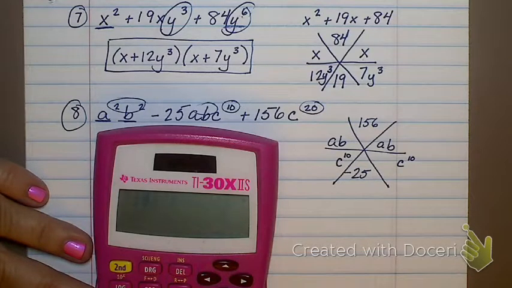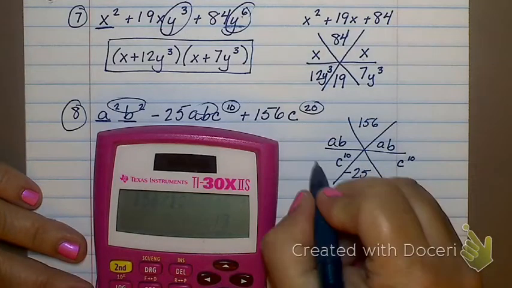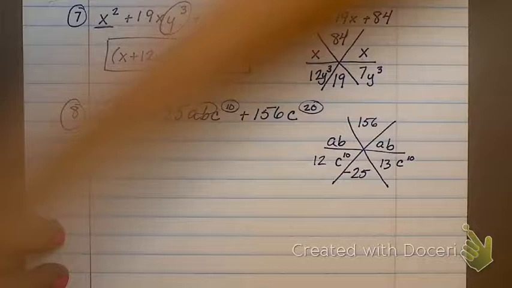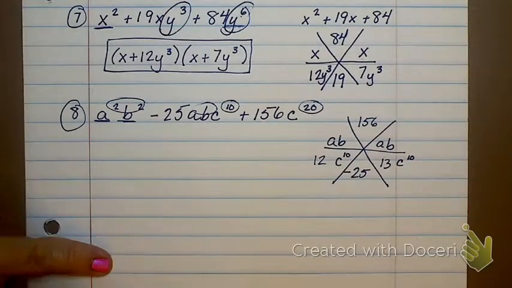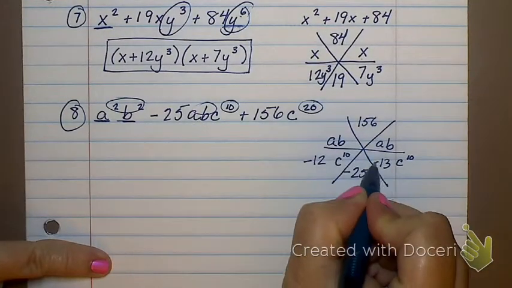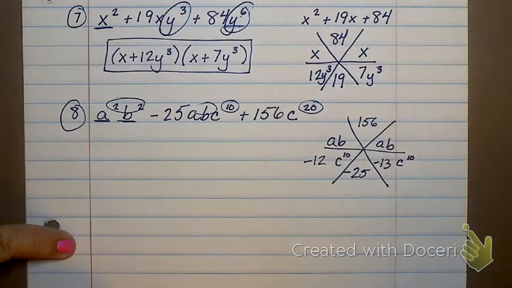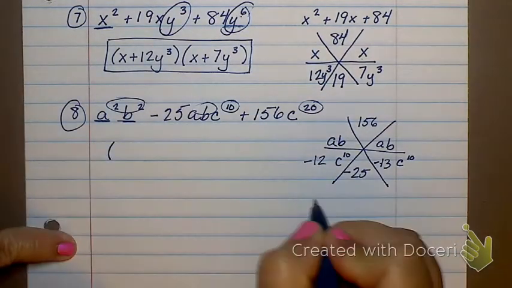Nope. 12 and 13? Woohoo, there we go. 12 and 13. How do they get negative 25 when I'm adding them? If they're both negative. Do they still multiply to positive 156 if they're both negative? Yes. Yes. So, what's my first parentheses?